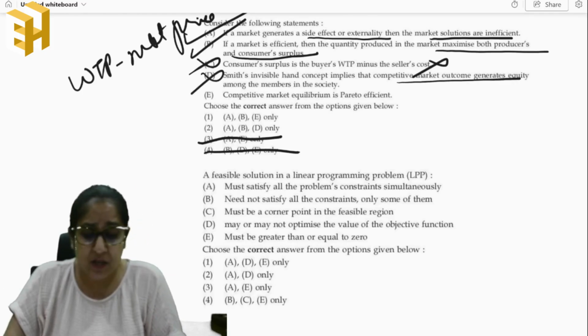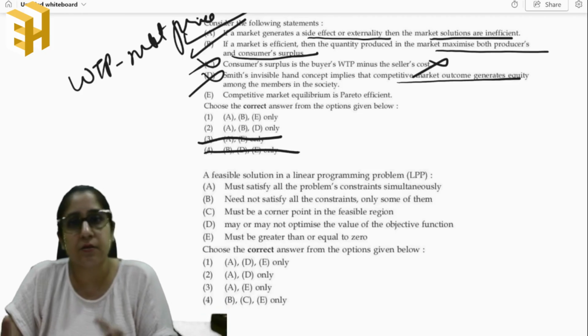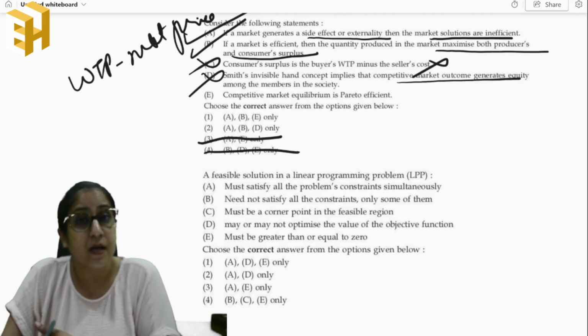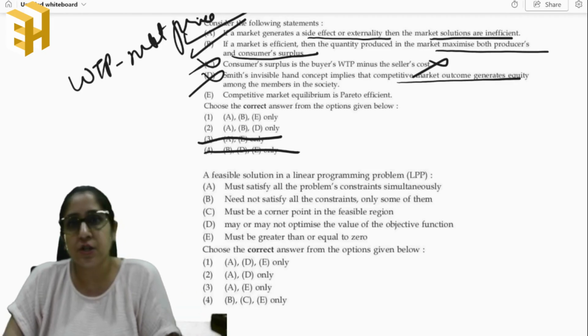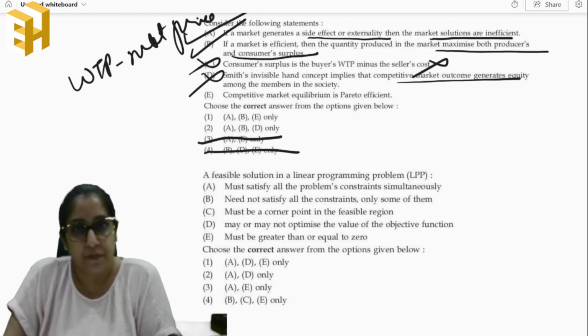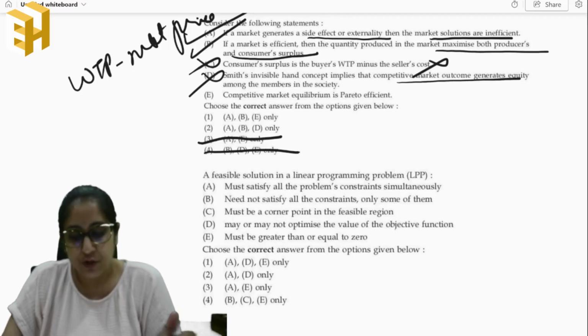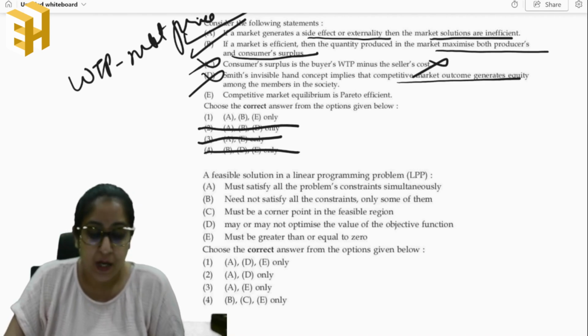No, Smith does not talk about an equitable society. It just talks about maximum gains. That is the main criticism of Smith's idea, that we are not talking about equitable distribution. We are just talking about maximizing income, right? Whether it is equal or unequal, it does not matter. So D is wrong. So we can strike out option 2.